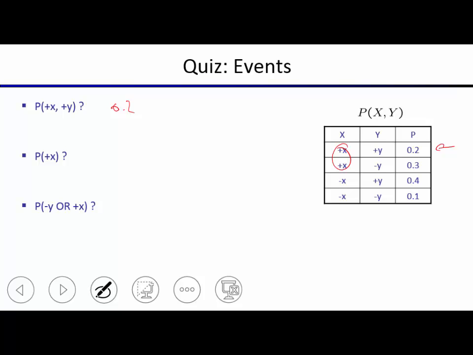Plus x is here. These two rows sum up to 0.5. Then minus y or plus x. I'm hearing 0.6. Let's see. Negative y is here and here. Plus x is here and here. That's 0.2 plus 0.3 plus 0.1, which is 0.6.